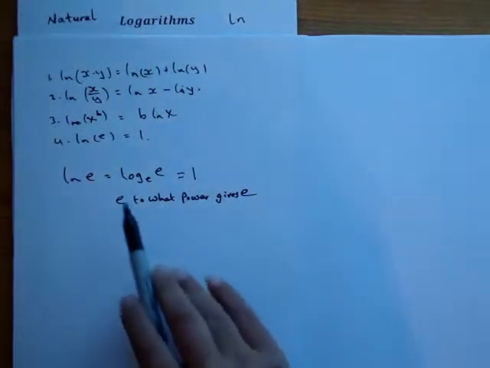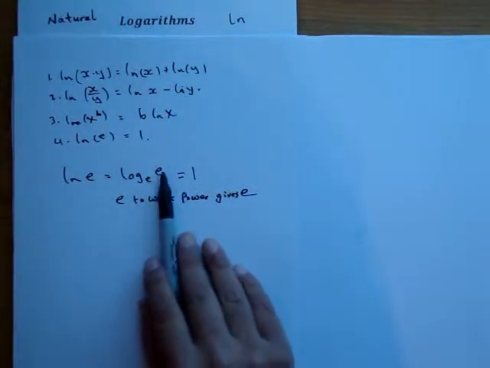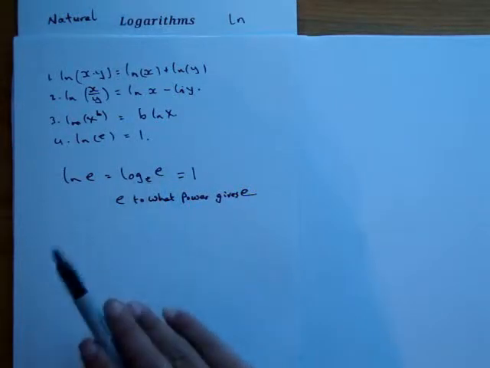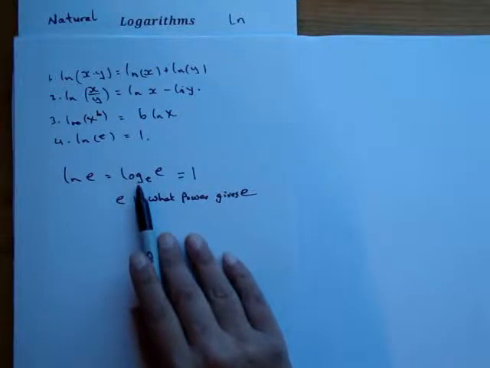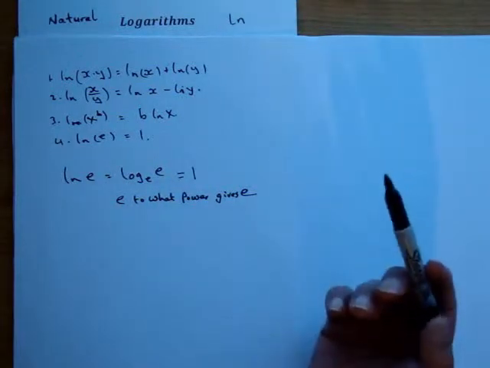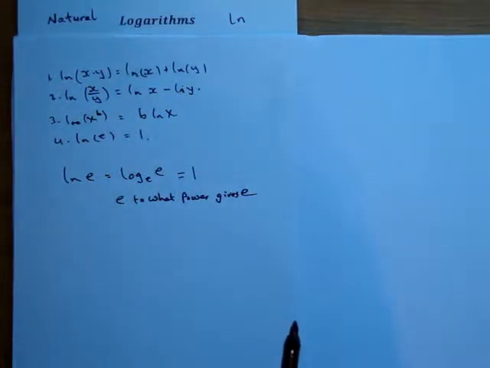So wherever we have the log e and an e next to each other, they cancel each other out, so we're left with 1. So the natural log of e equals 1.